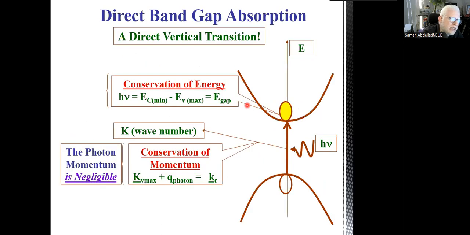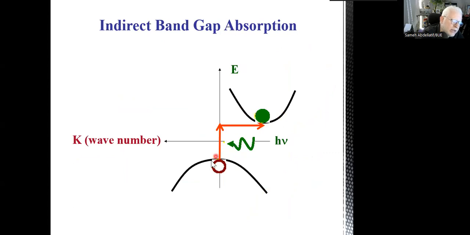This horizontal limitation comes from the fact that if, for example, the energy of the band gap in silicon is 1.12 electron volt, and I inject the material with a photon with an energy, for example, 1.5 electron volts. What will happen? Let's see.